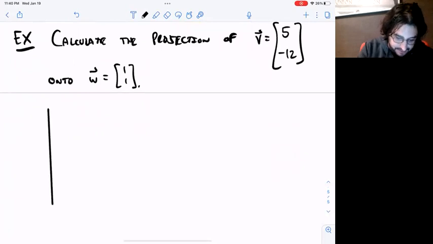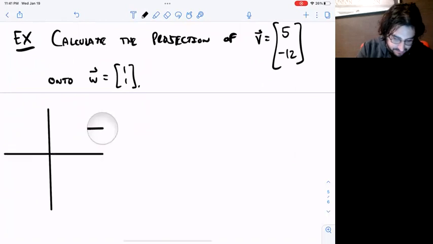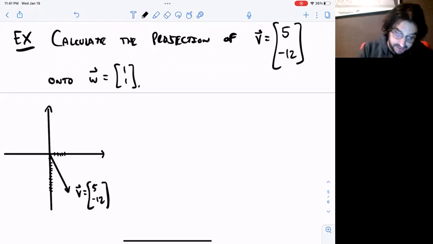So let's see. We have one, 2, 3, 4, 5, and so on, down to 12. All right, there's my vector V. And then I have W, which is the vector 1, 1.